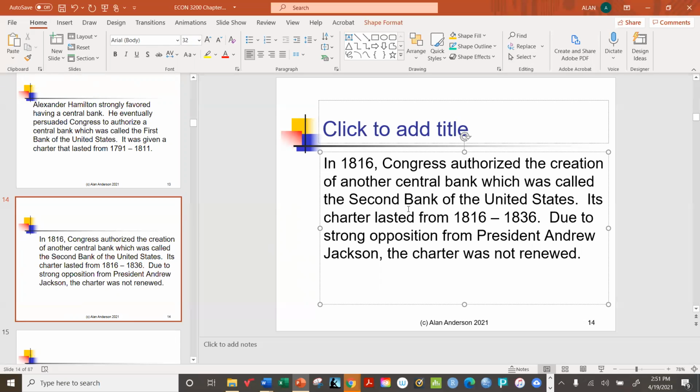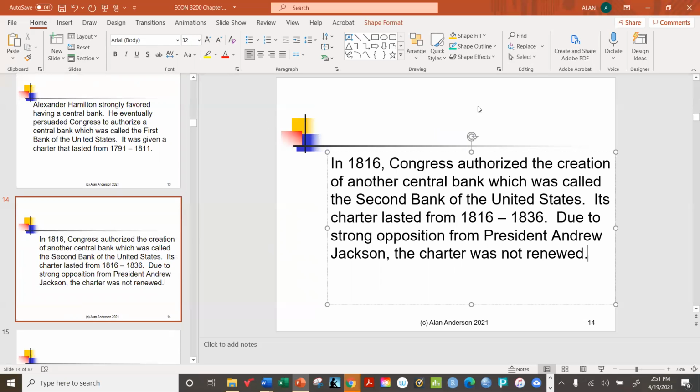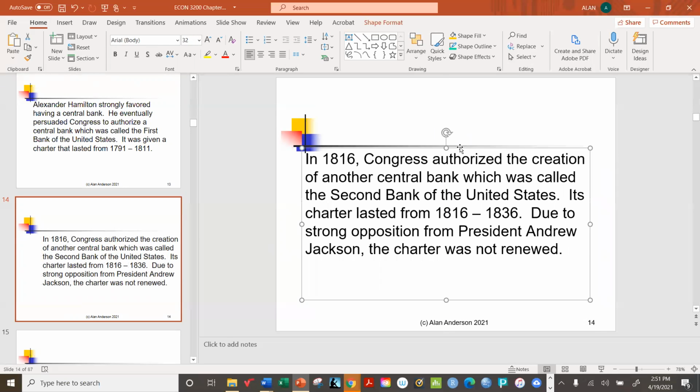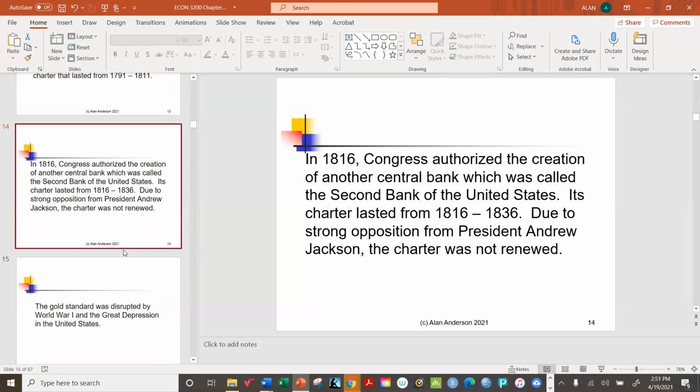And so all of a sudden, once again, there's no central bank. And that was very unfortunate timing, because in the spring of 1837, the country went into a major recession, and there was no central bank that could increase the size of the money supply or anything along those lines to help bring the country out of the recession.